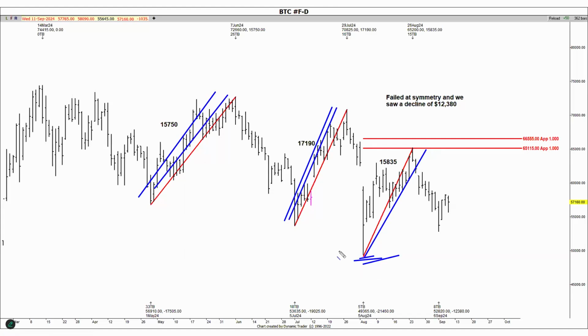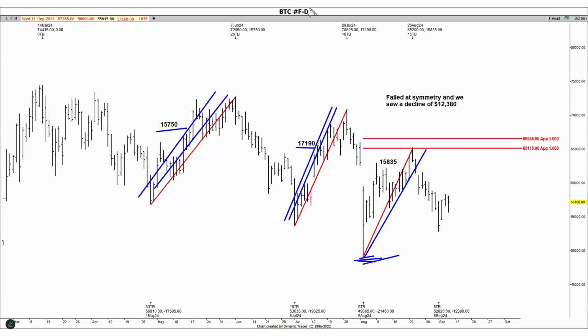So I projected both of these. One was 157.50 from this low. The other one was 171.90 from this low. And note that the actual high was made just a teeny bit through that first area, the 65,115 area. Actual high was made at 65,200.